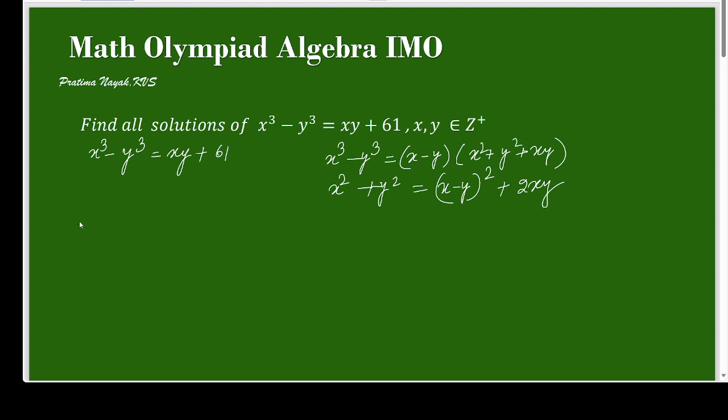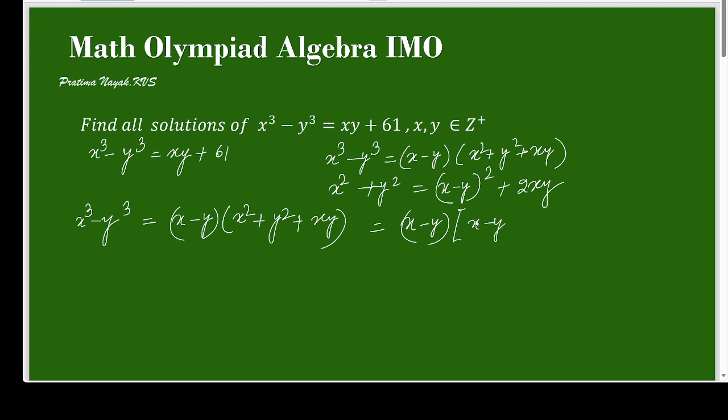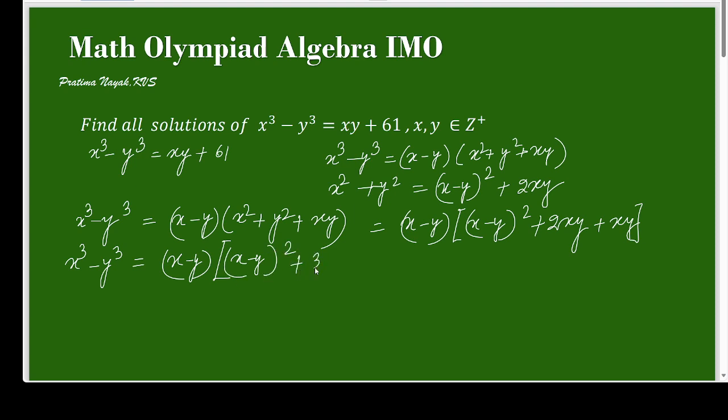So ultimately x cube minus y cube can be written as x minus y times x minus y whole square plus 3 times xy.